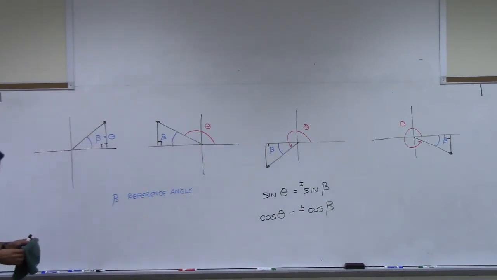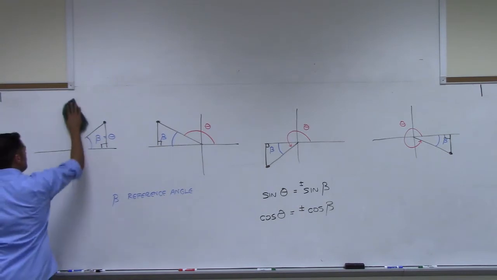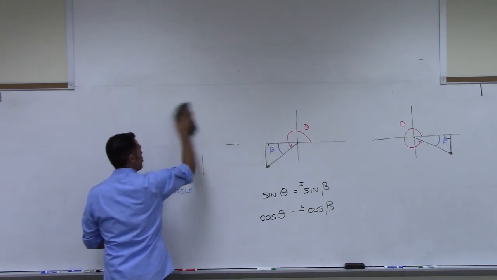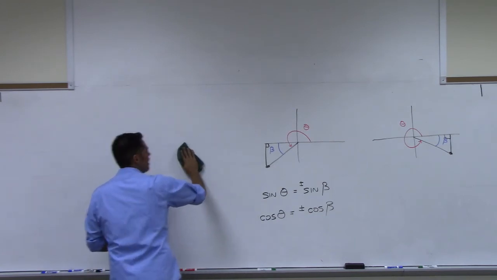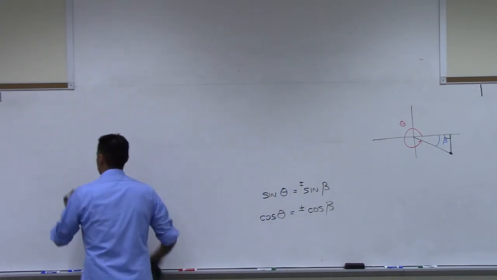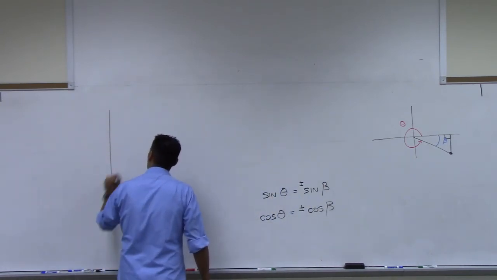Now, we're going to do a couple more examples, but I'm going to give you something that'll help you remember what's happening in each of the 4 quadrants. We have this very commonly shared picture. You may have seen this before if you've taken pre-cal.